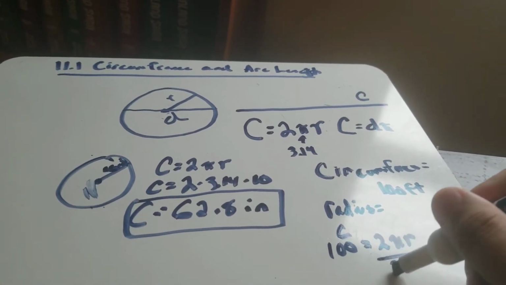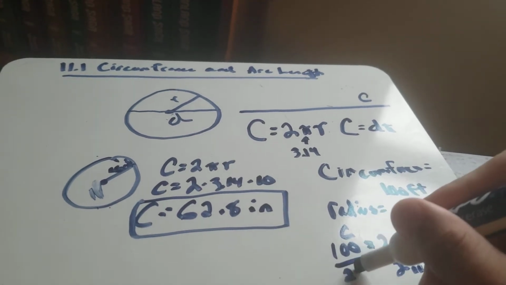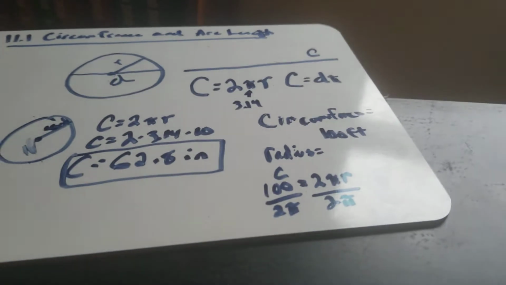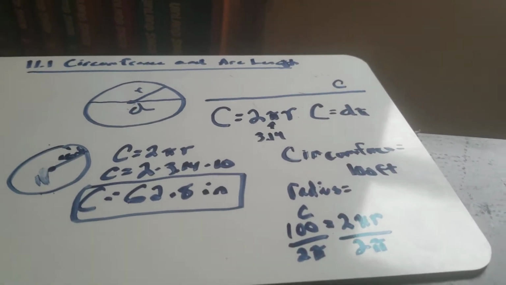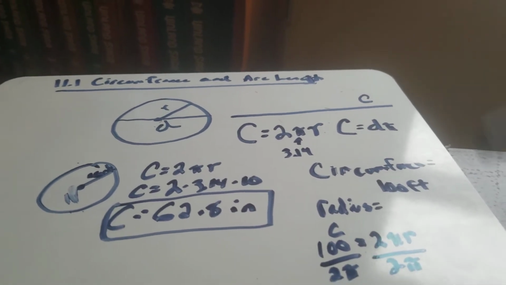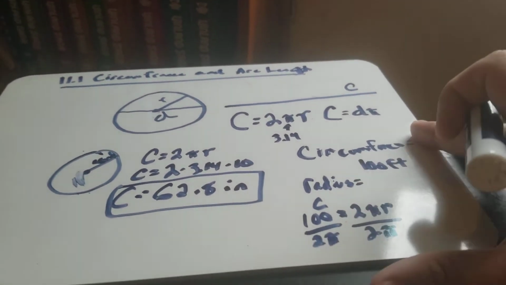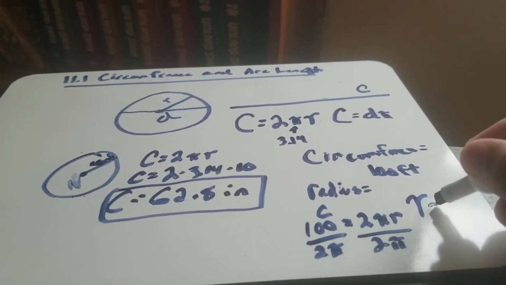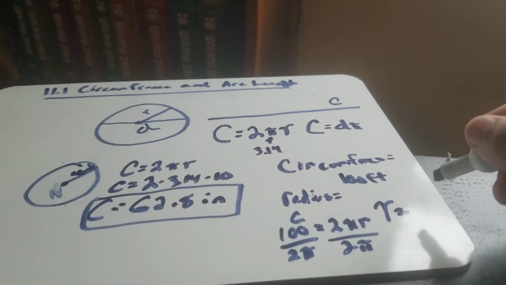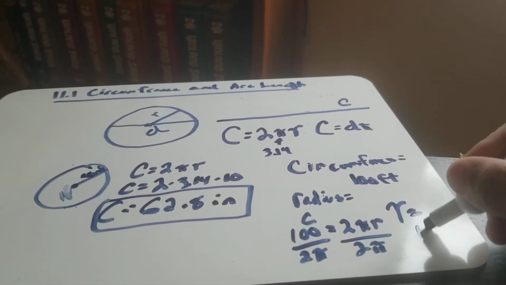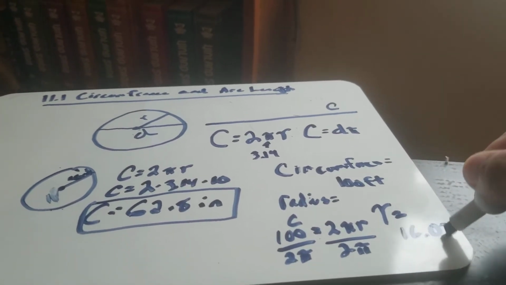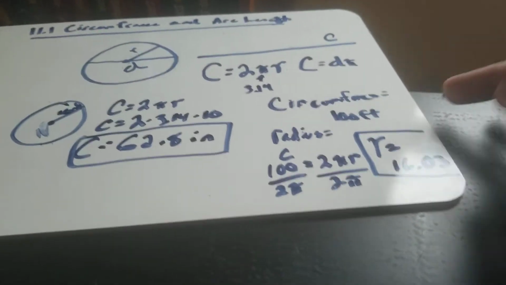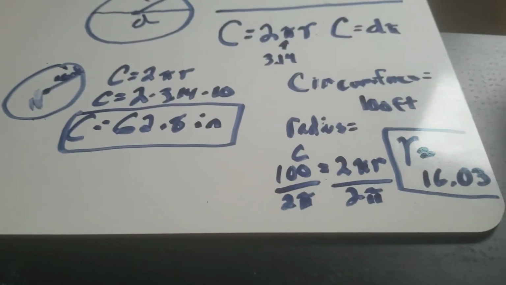So what I could do is divide both sides by 2 pi, and that's going to be 16.025. Because we make pi 2 decimal points, we kind of want to follow that same rule of estimation. So r equals 16.03. And I didn't realize the glare kind of makes it hard to see there.